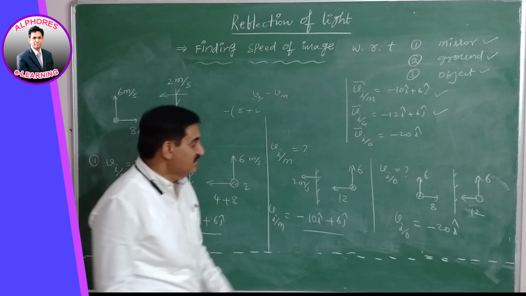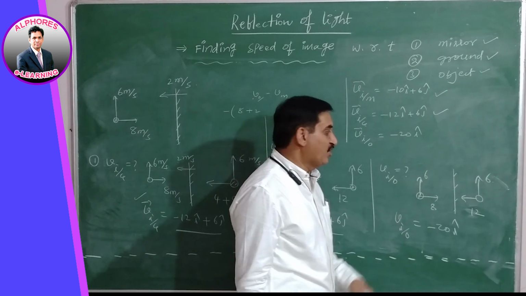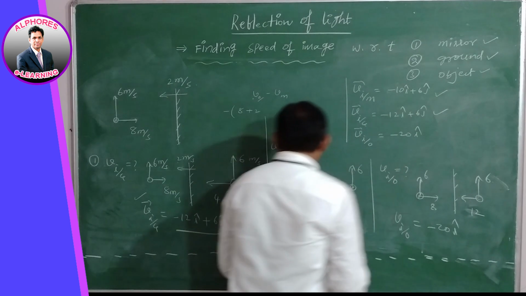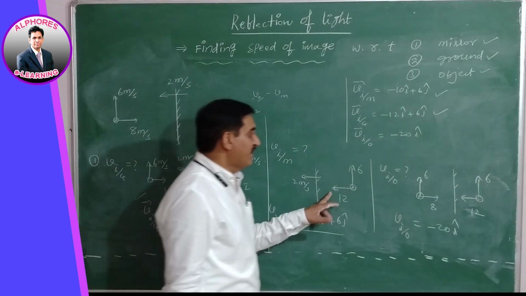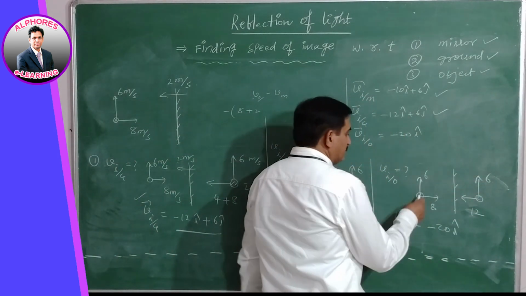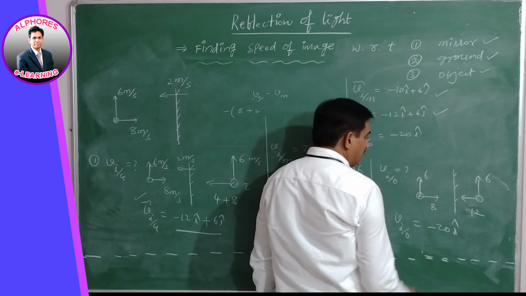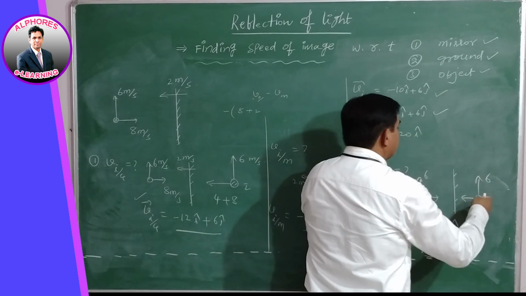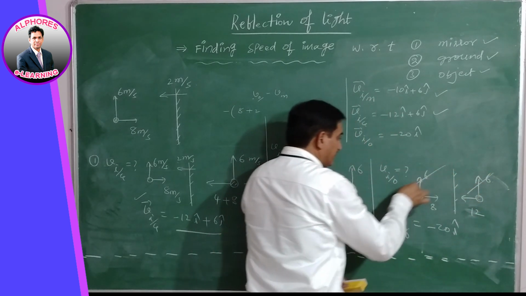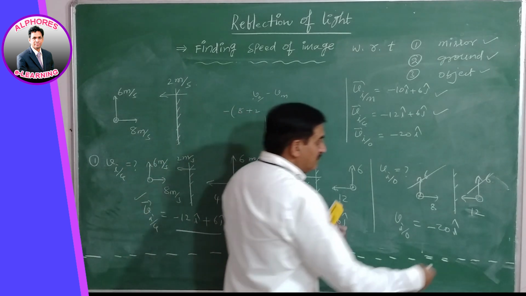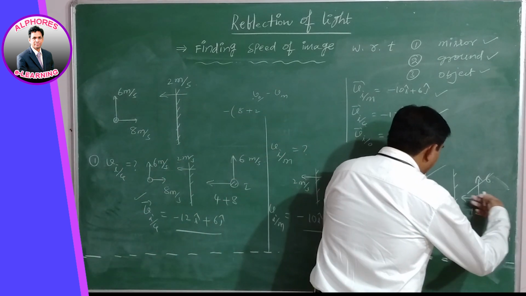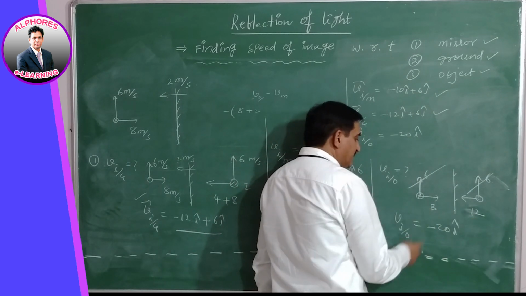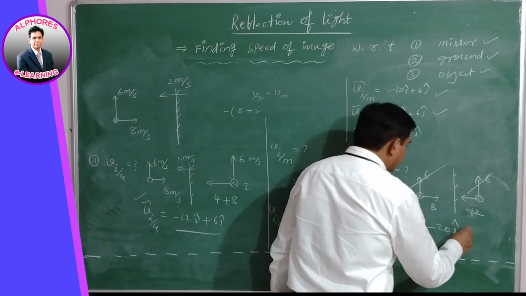And the third one is speed of image with respect to object. Here image with respect to ground we already calculated, that is 12 and 6 vertical component. Here the object is 8 and 6. Relative to each other, both are in the y direction with the same speed, so they get cancelled. In the perpendicular direction both are approaching each other, so the relative velocity adds up, therefore 12 plus 8 gives 20i.